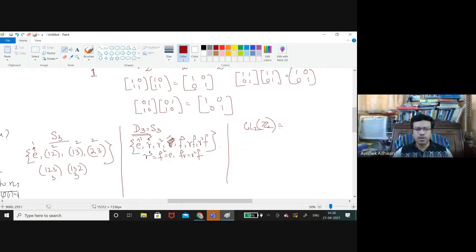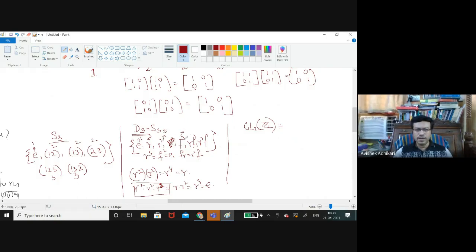So what was the order of R square? Make it R square, R square, that means R to the power 4, that means R. And then R square into R square into R square, that means R into R square, that is R cube equal to E. So if you make it 3 times, that becomes E. So the order of R square is also 3.